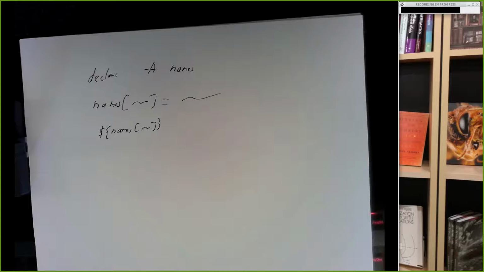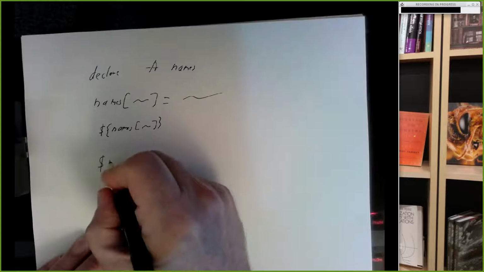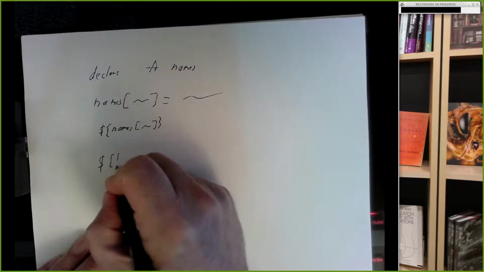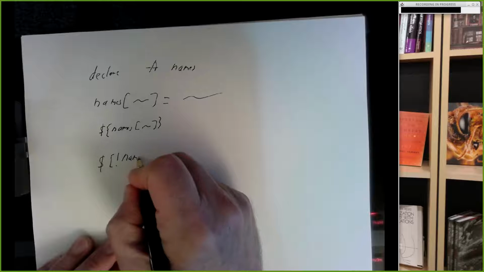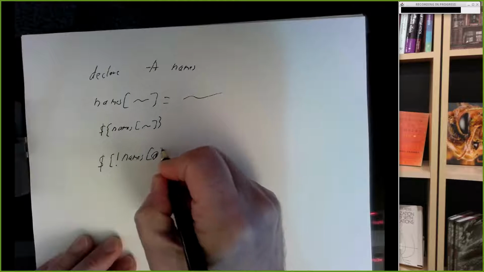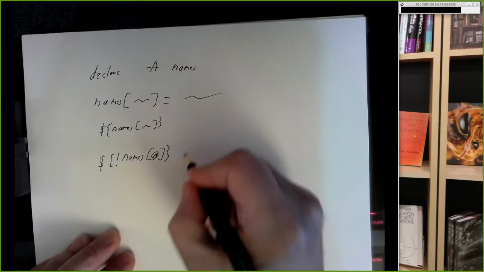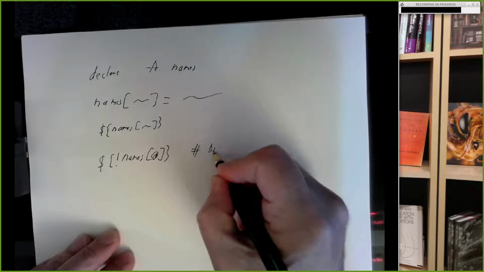And then the last piece is this business of reading the keys out of an array. And this is ${!name_of_the_array[@]}. This gives you a list of keys.